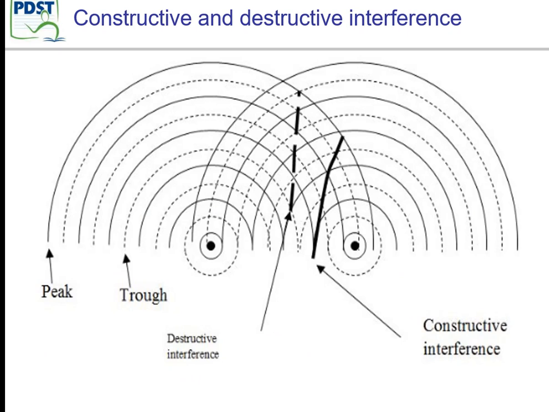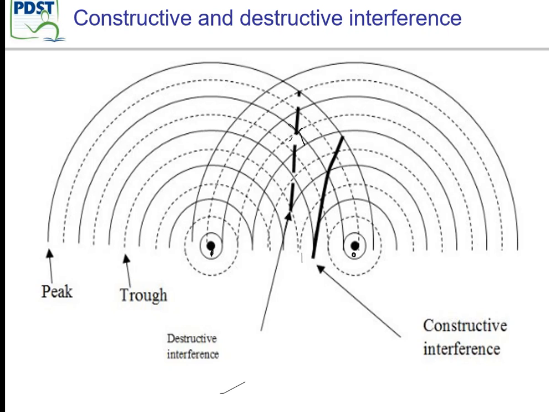Like if you drop a rock here and you drop a rock here, these rocks are going to make ripples. So these dotted lines are the troughs. The solid lines are the crests. So you can see where the dotted line meets the solid line, like here, you have destructive interference.